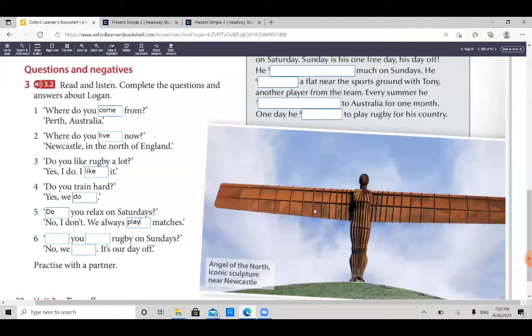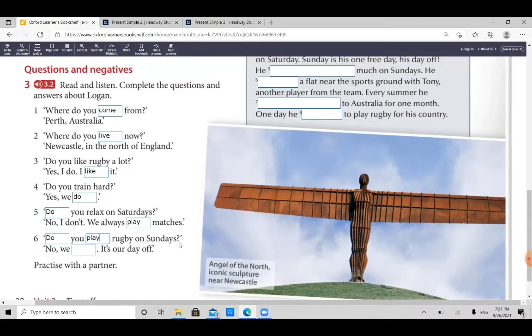Shuruk. Yes, teacher. Do you play rugby on Sundays? You can use the verb play or train.